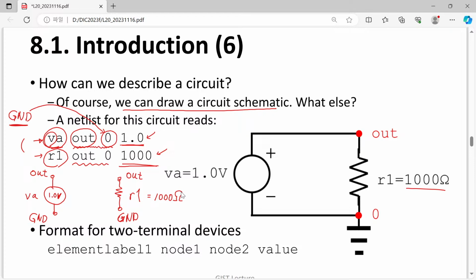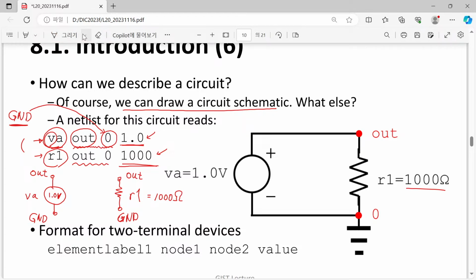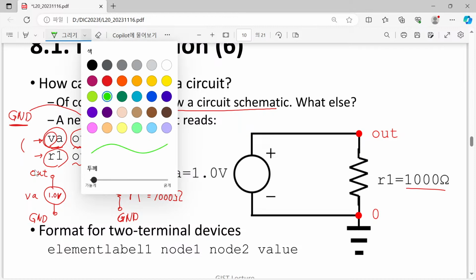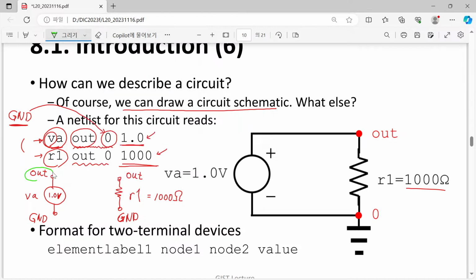Such information is missing in this specification. It is really oriented to elements. For each element, it just specifies its property, and additionally the terminal and node connectivity is provided.